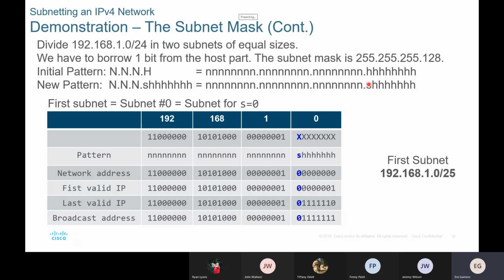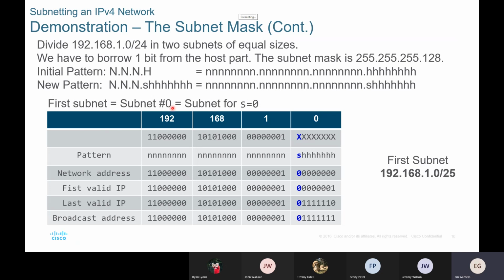If you have just one bit to create subnets, you can create two subnets. The first subnet will be by changing this S to 0, and the second subnet will be by putting 1 in this S. So here, we are going to talk about the first subnet, which is subnet number 0.